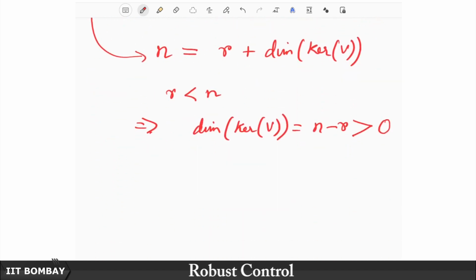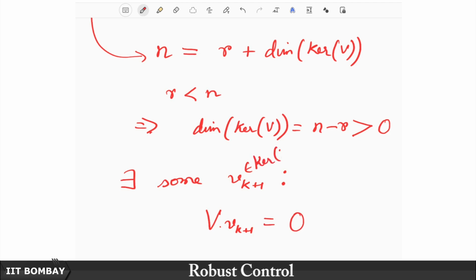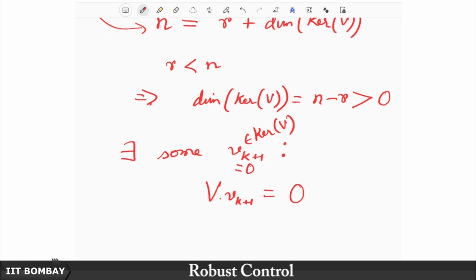So, therefore, there exists some Vk plus 1 such that V times Vk plus 1 is equal to 0, because this Vk plus 1 must belong to the kernel of V. Of course, this Vk plus 1 is also non-zero.